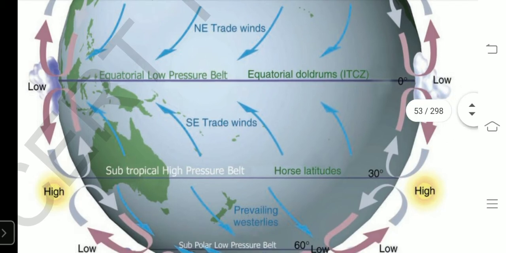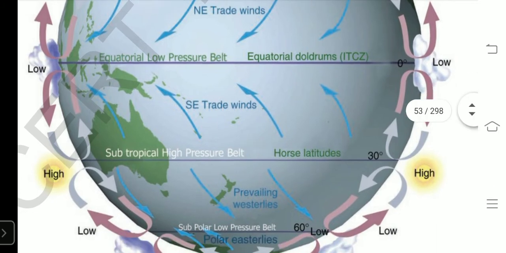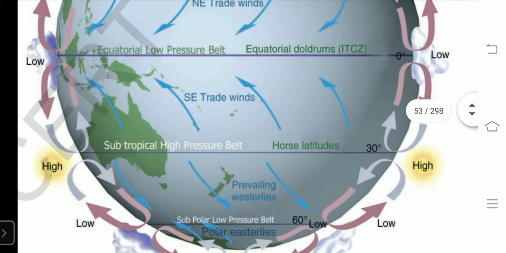Understand? So winds do not distribute heat or moisture uniformly. Which is why some parts of the earth are quite hot and some parts cooler, some parts have high rainfall, and some are deserts.